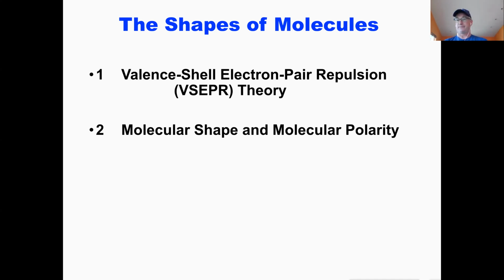So if you have a central atom with two electron pairs, they're just going to move to 180 degrees. That's going to be linear because that's as far apart as they can get.